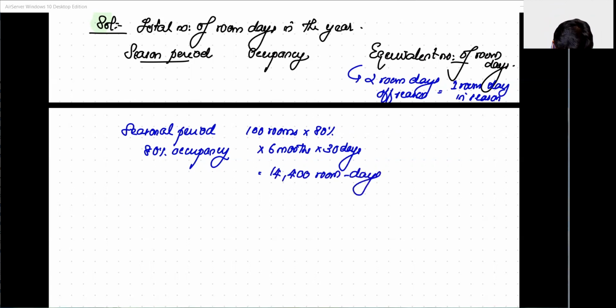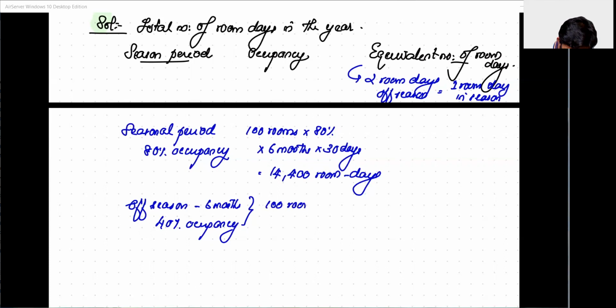Similarly, when you take the off season, again 6 months where the occupancy is only 40%. 100 rooms into 40% into 6 months into 30 days.